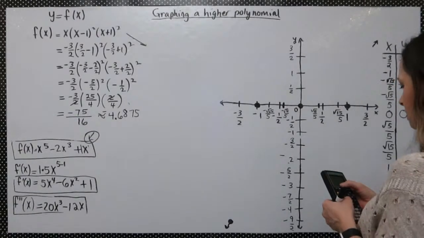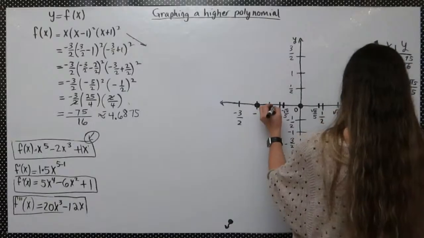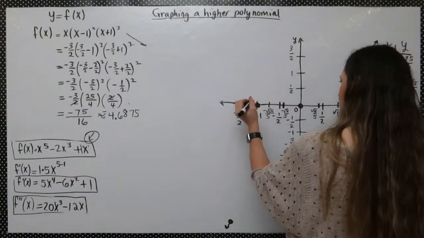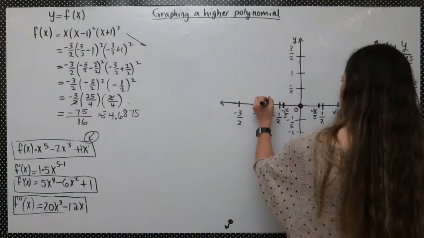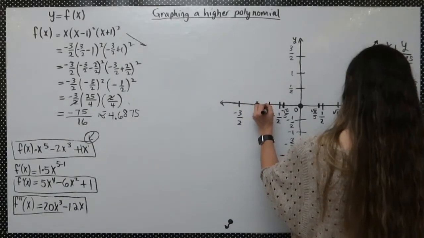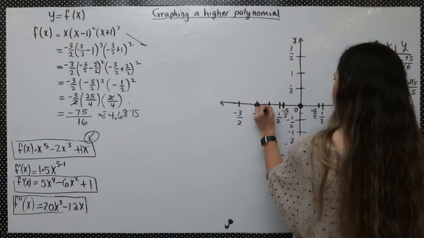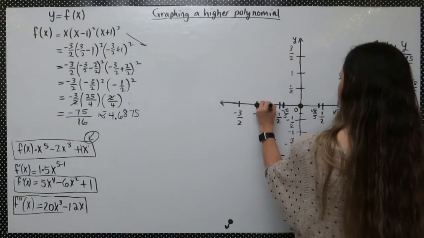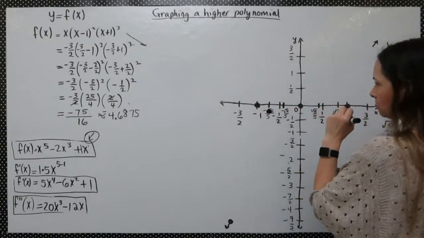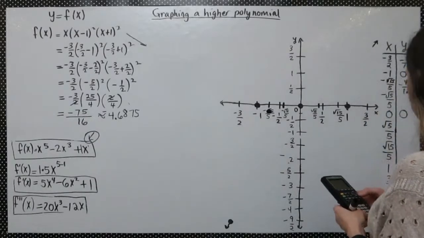Okay, that's a negative 1.2. So at this critical value, because we know we have 0 here, we're there. Okay. So let's do the next one.